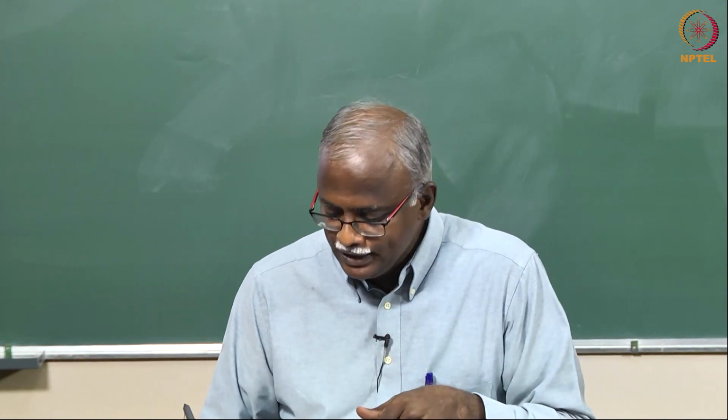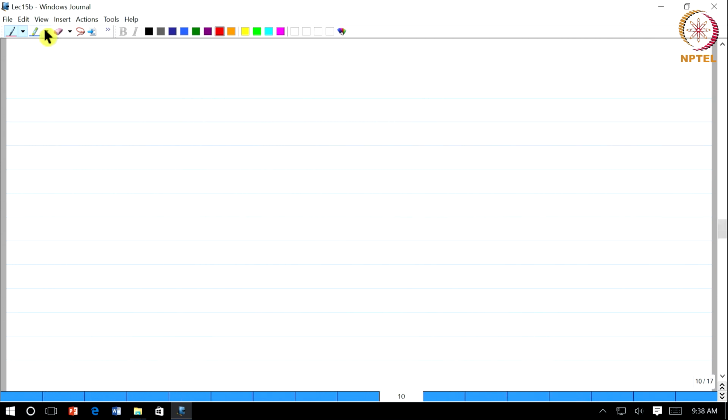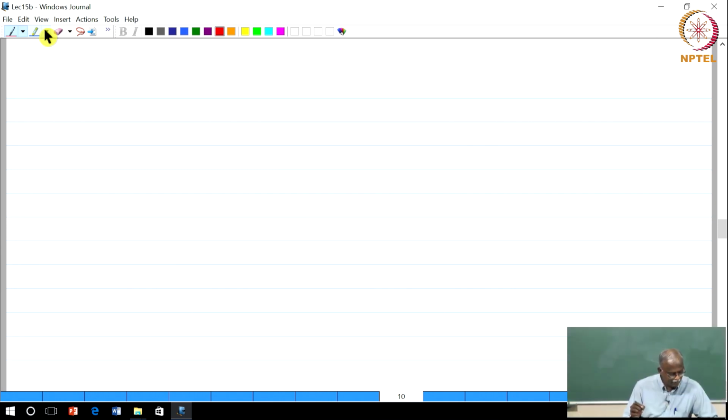Now, this is a case where again I am introducing some new notation. If I were to look at our description of filters and filter banks, the terminology that we would apply is this: take a typical low pass filter. It has 3 zones or regions. This is omega 1, this is omega 2.